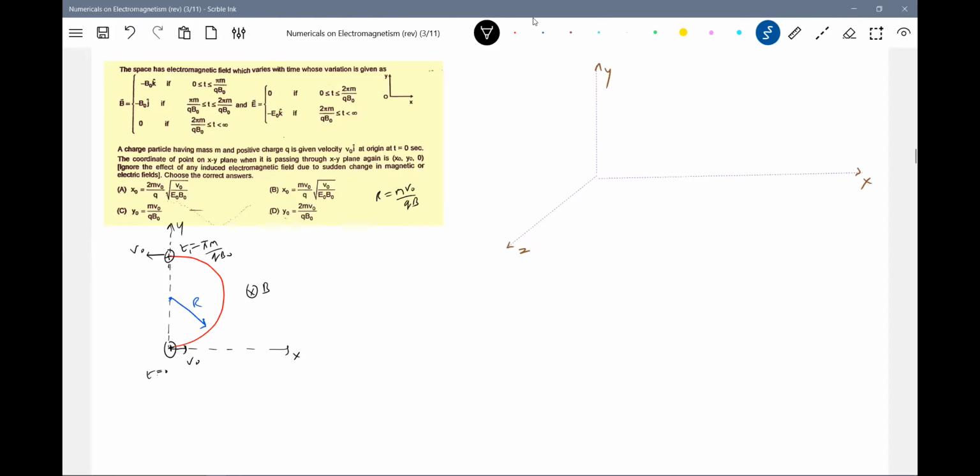And again, it's going to describe a semicircular path. Now my question is, in which plane? Here it will rotate in the XY plane. Afterwards, it's going to rotate in the YZ plane. So shall we say again it will return to the origin?